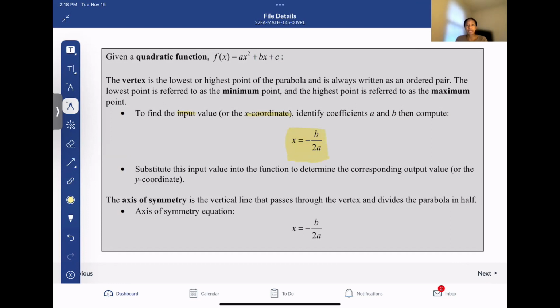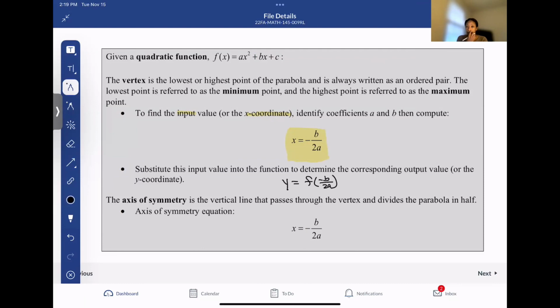All you need to know is b and a, plug them into this formula, boom, that tells you the x-coordinate of the vertex. Then how do you find the y-coordinate? You plug whatever x is back into the function, and that'll tell you what y is. So substitute this input into the function to determine the corresponding value. y is going to be equal to f of -b over 2a.